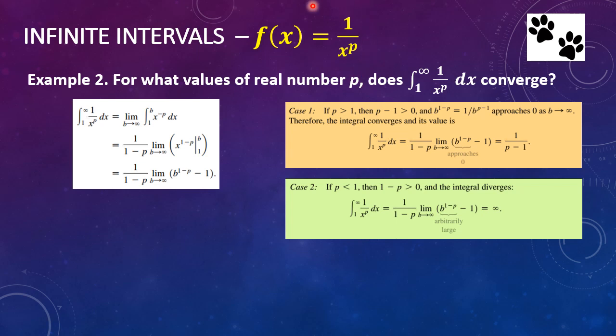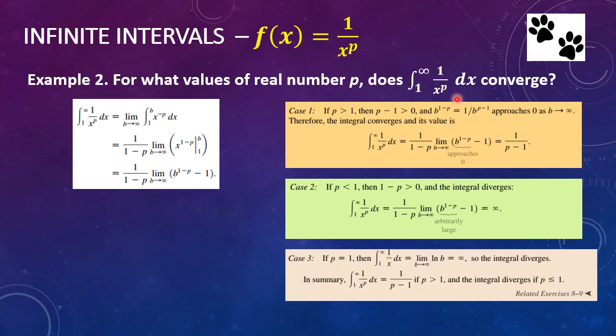The last case we have to consider is if p equals 1. Well, notice if p equals 1, then we simply get the integral of 1 over x. Well, the integral of 1 over x changes all of this, because the integral of 1 over x is simply the natural log of x. Okay? Well, here all we have to do is apply the limit as b goes to infinity of the natural log of b, right?